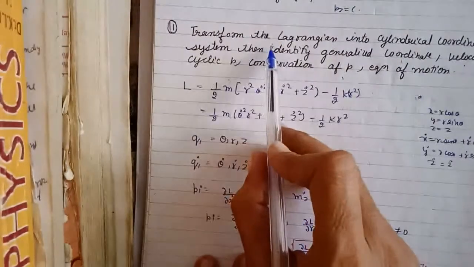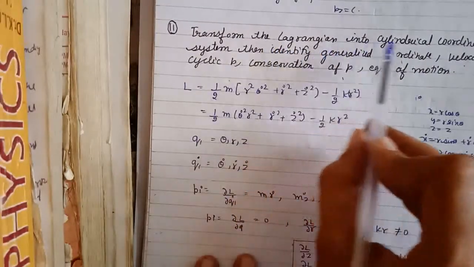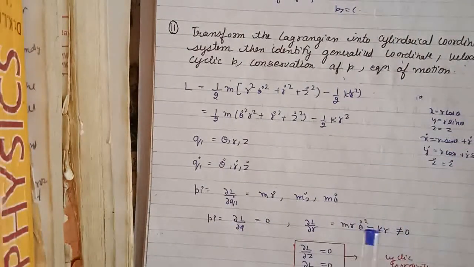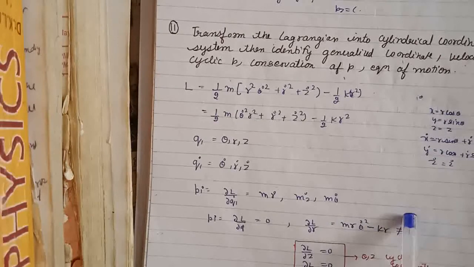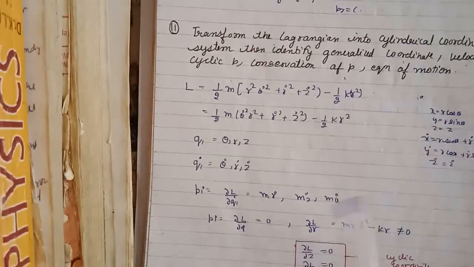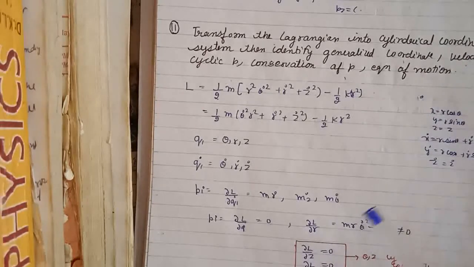First of all, we need to convert the Lagrangian into cylindrical coordinates, then identify generalized coordinates, then velocity, then momentum, then conservation of momentum, then equation of motion.